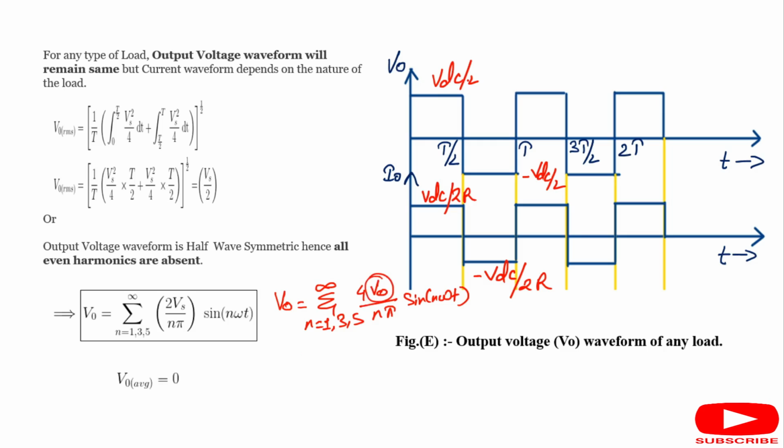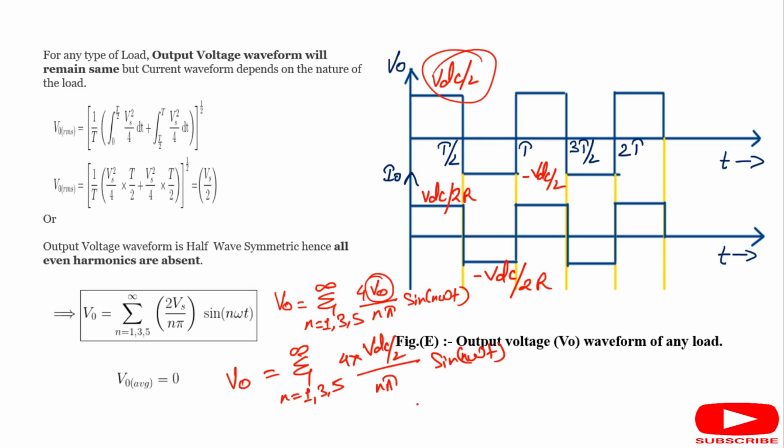V0, the magnitude of the output, is VDC by 2. So by this expression the output voltage comes out to be 4 into VDC by 2 upon n pi into sine n omega t, which is 2 VDC by n pi, summation of n equals 1, 3, 5 up to infinity, sine n omega t.